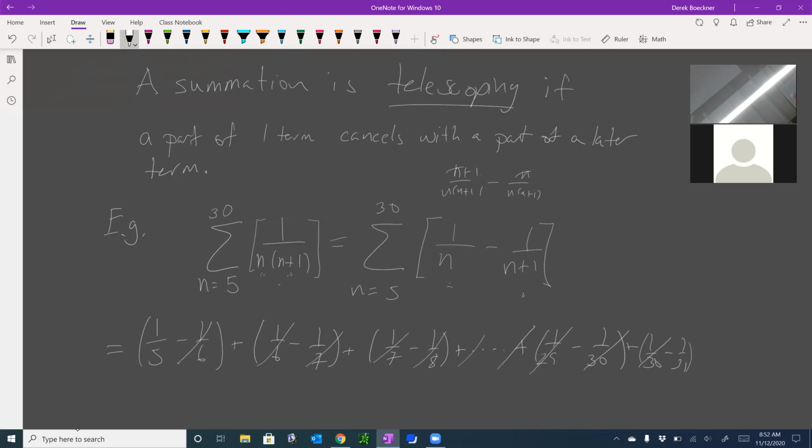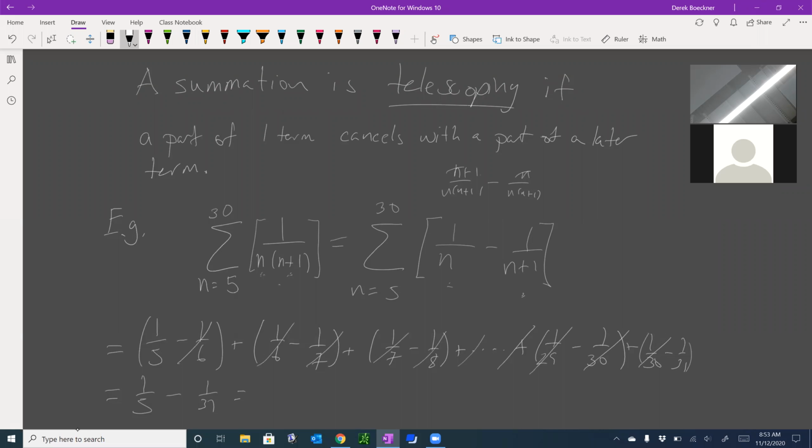And so what this does, like those old-timey telescopes where you can slide them out and in, looking glasses or whatever you want to call them, right? This whole sequence just sort of collapses. All the middle stuff cancels each other. And I get 1 over 5 minus 1 over 31 as my entire summation. And so the telescoping, it just collapses.